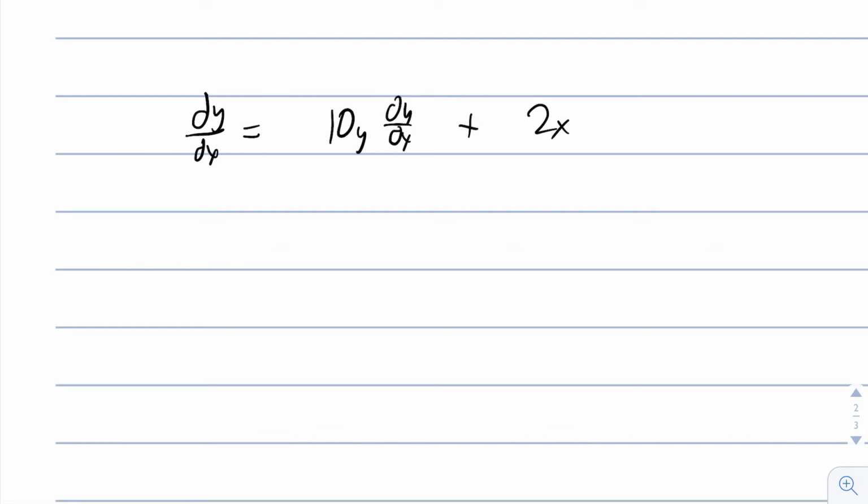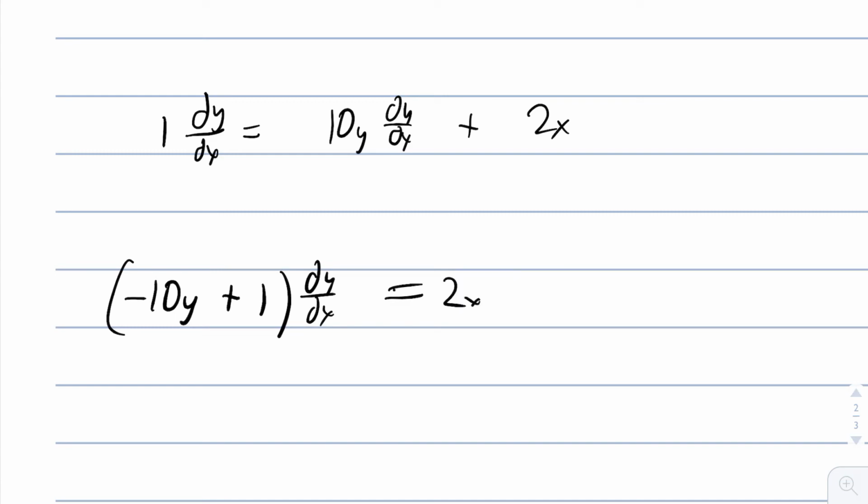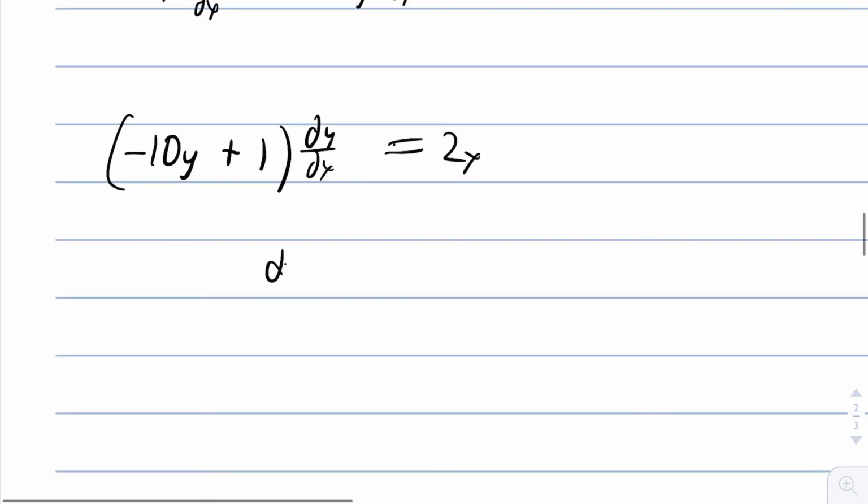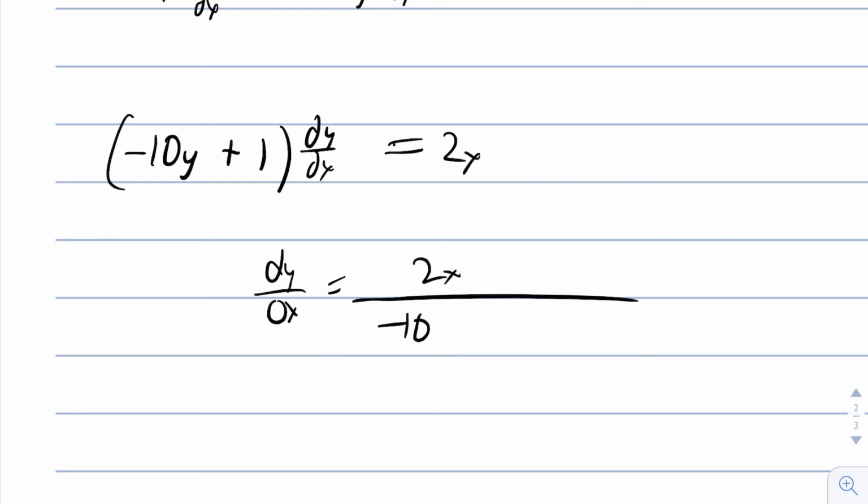And now we're gonna shift this over, so negative 10y, and notice that that's just a 1 dy/dx. I factored it out on the way there, equals 2x. And now we can just do dy/dx equals 2x over negative 10y plus 1.